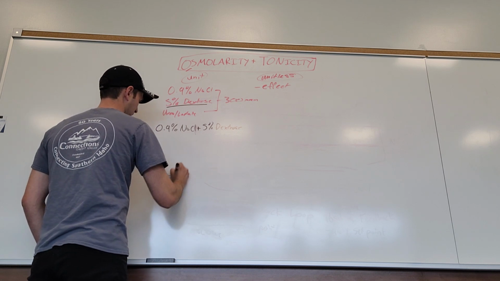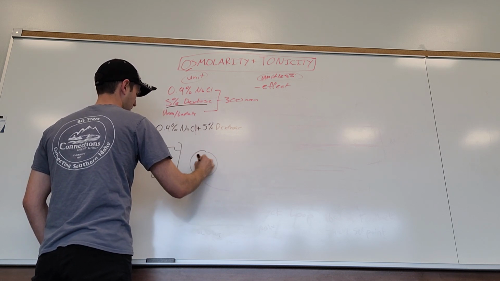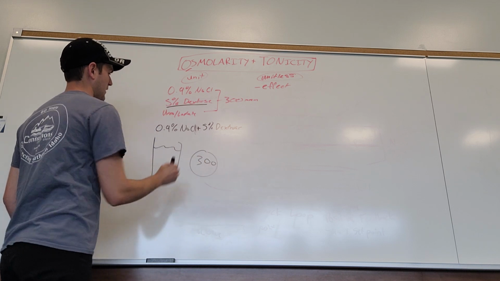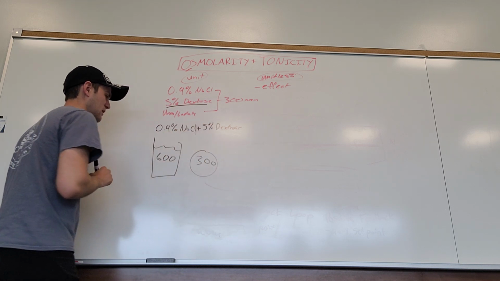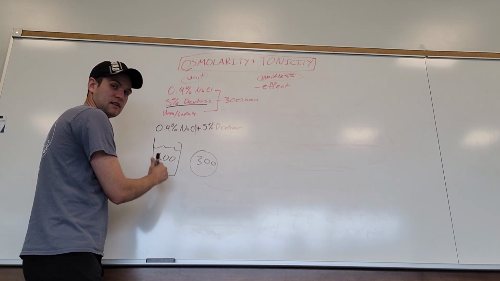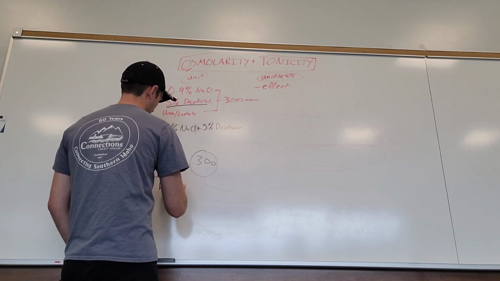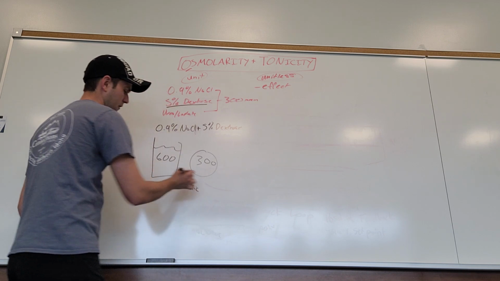Okay, so we have our beaker here of those solutions and our cell, 300. Okay, so we have 300 plus 300, so now we're going to have a solution with 600 milliosmoles. Okay, so now this solution is going to be hyperosmotic compared to our cell.